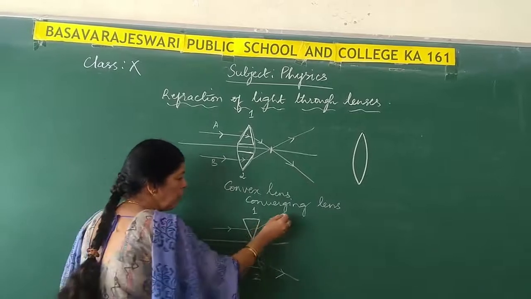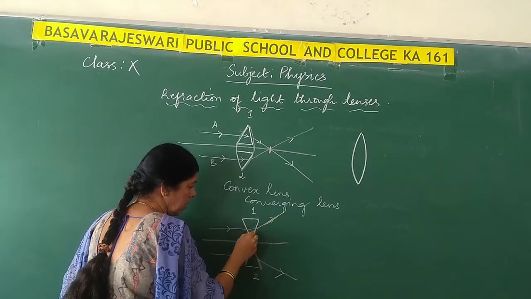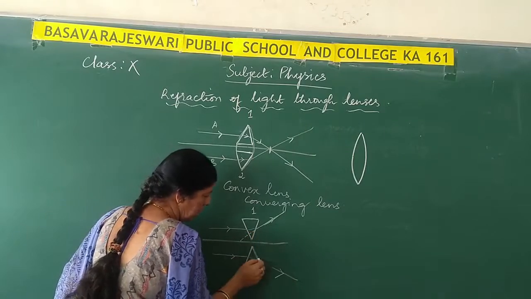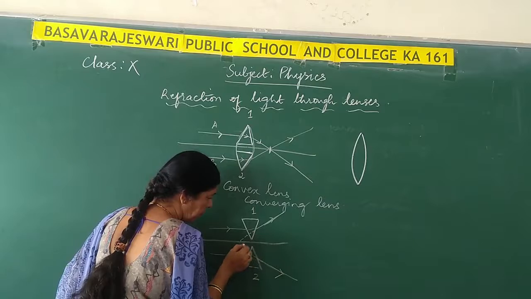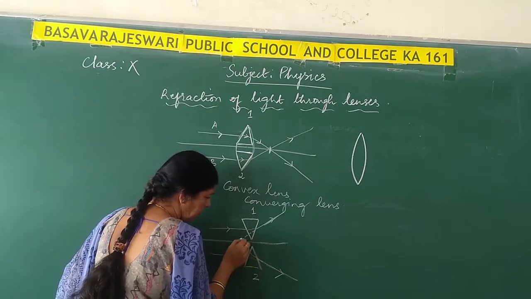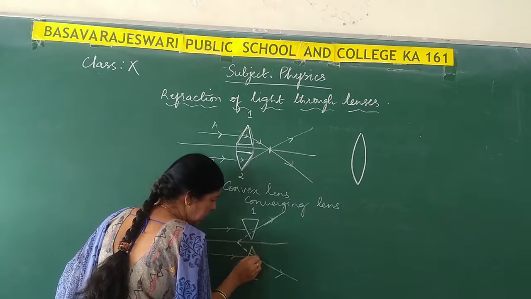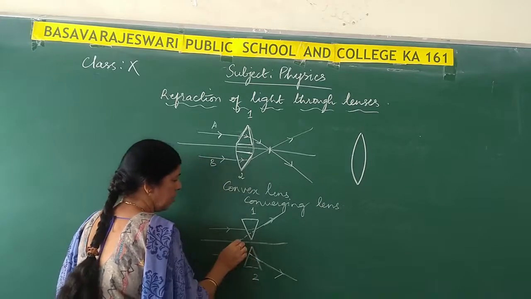Now if you produce this emergent ray backwards, then you will observe that the emergent rays are coming from a point. Is it not?